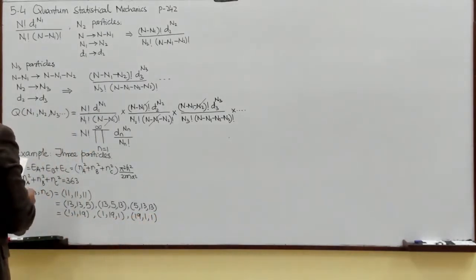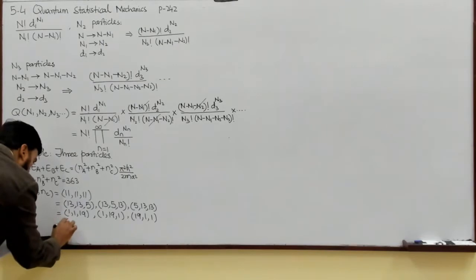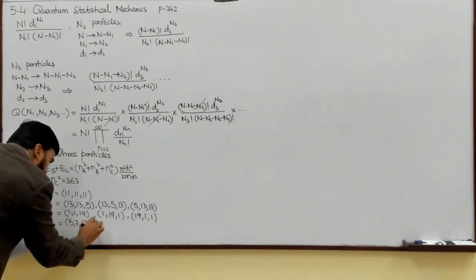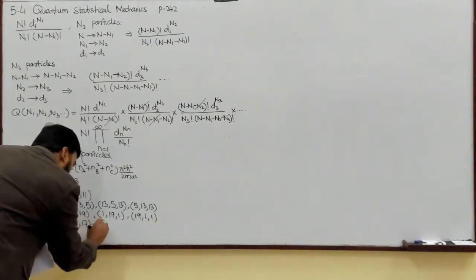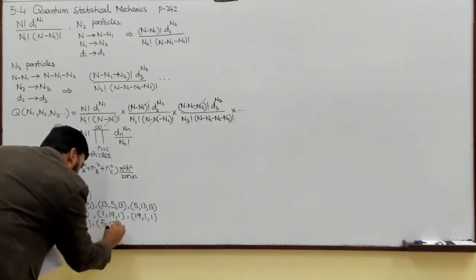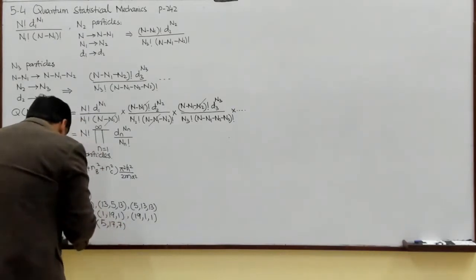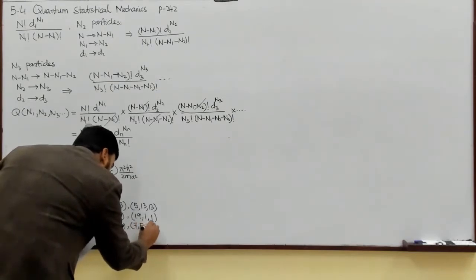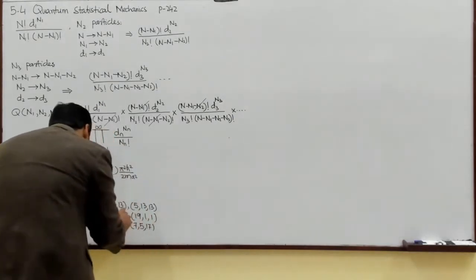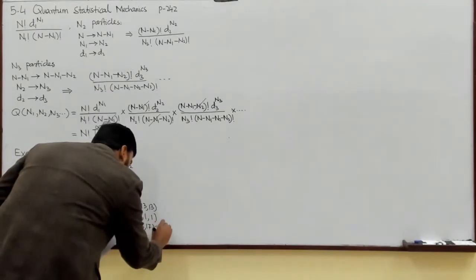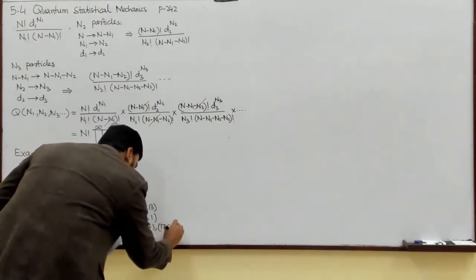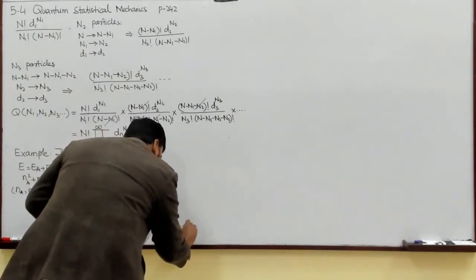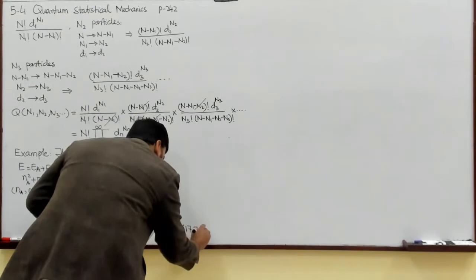And the last was 5, 7, 17, so it can be 5, 17, 7, 7, 5, 17, 17, 5, 7, and 17, 7, 5.